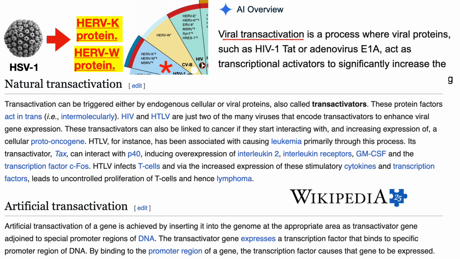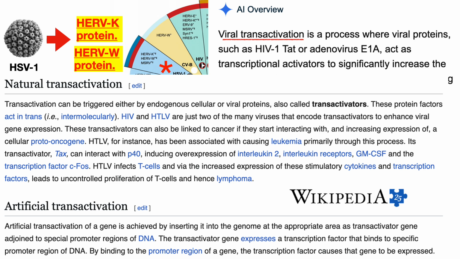These transactivators can also be linked to cancer if they start interacting with and increasing expression of cellular proto-oncogenes. HTLV, for instance, has been associated with causing leukemia primarily through this process.